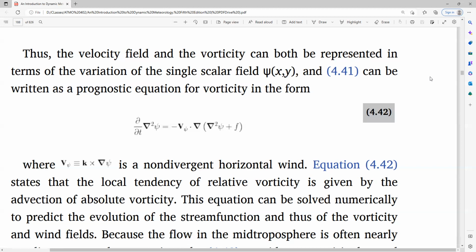What causes the change in geostrophic flow?